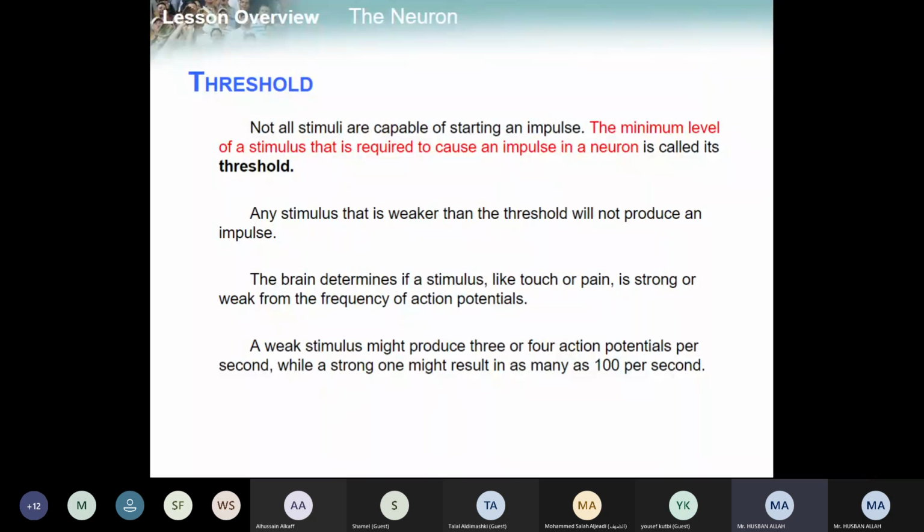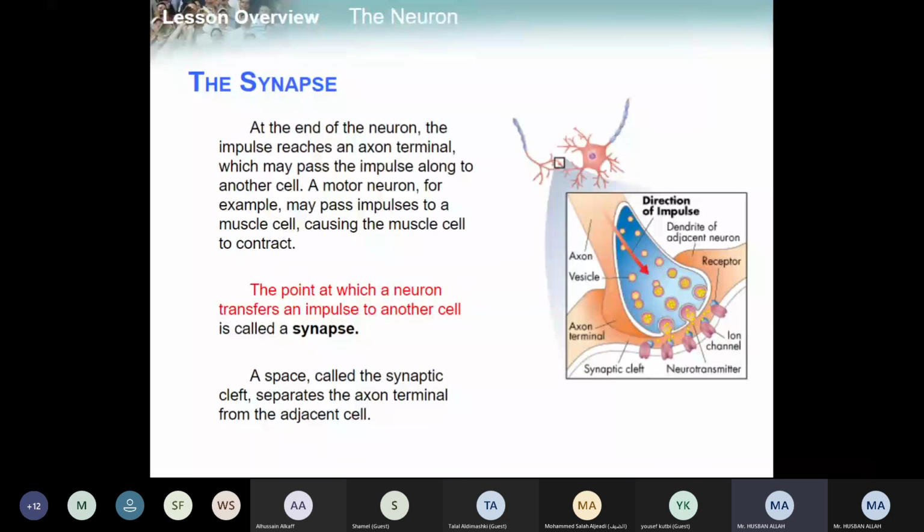Okay. The next point, the last point which we are going to take, is the synapse. If you have any type of doubt or question till this place, you can ask me. Now, in simple words, I can tell you what a synapse is.